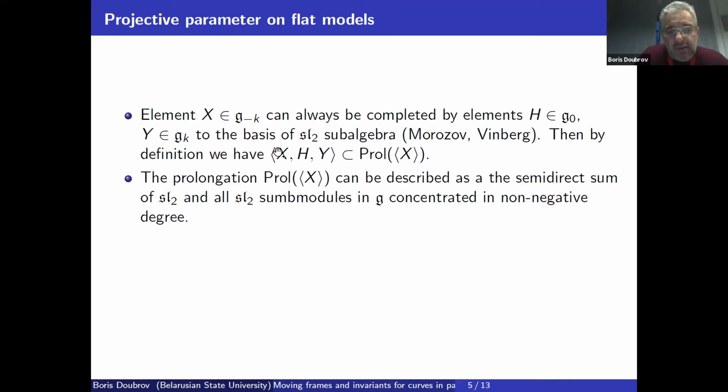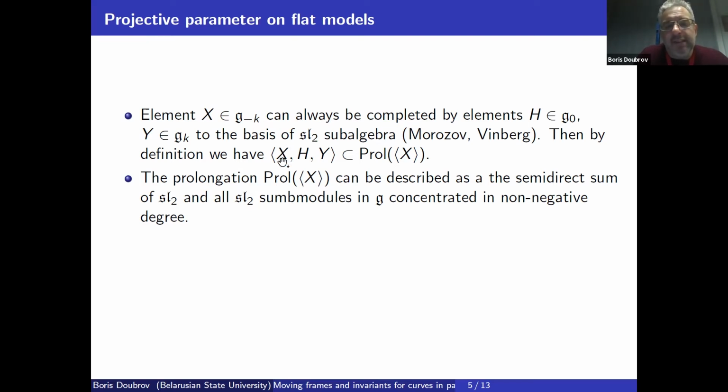So we can use this SL2 triple to take a shortcut and compute the prolongation much faster. What we know is that the prolongation itself contains this SL2, so this is an SL2 module. On the other hand, G is an SL2 module itself, so the prolongation is glued from some irreducible submodules that appear in the adjoint action of SL2 on G itself.